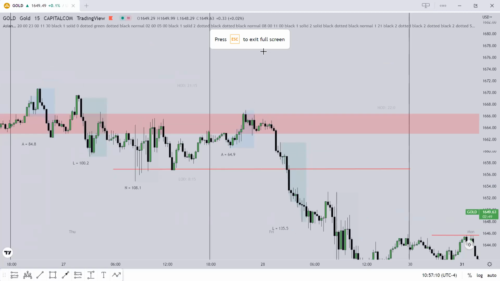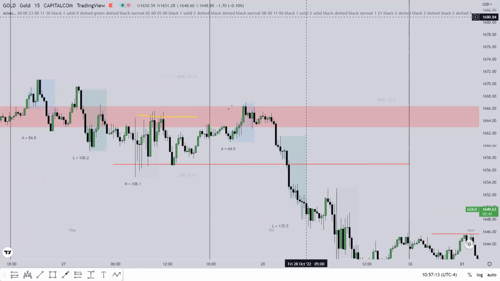Let me show you something. Yes, those guys who are selling from here, those SLs would be right above this high. So what happened? The market came down, quickly went to the upside to take out their SLs and close their trades, and then went quickly to the downside, right?